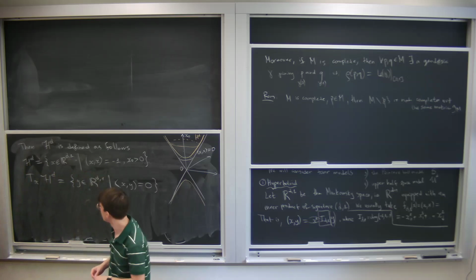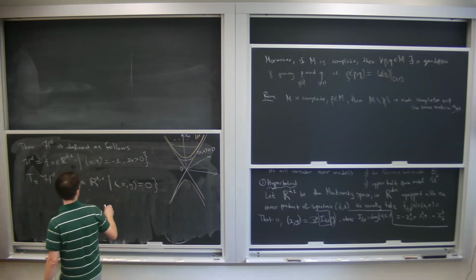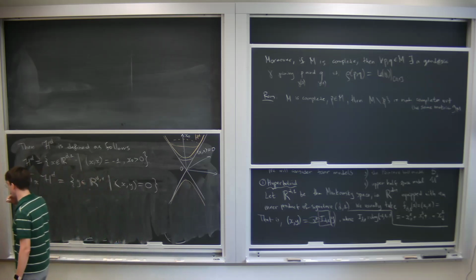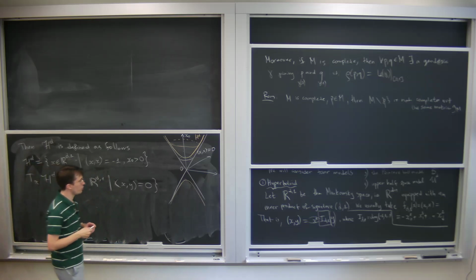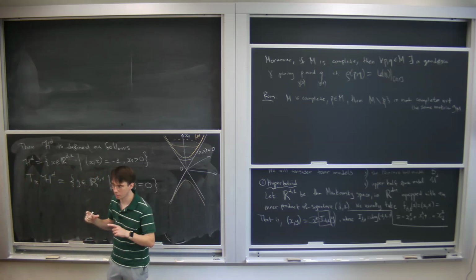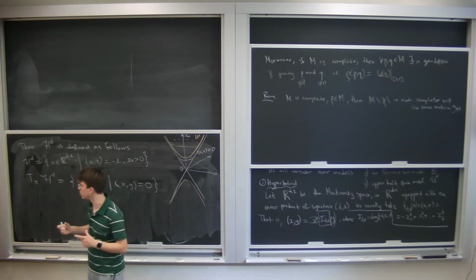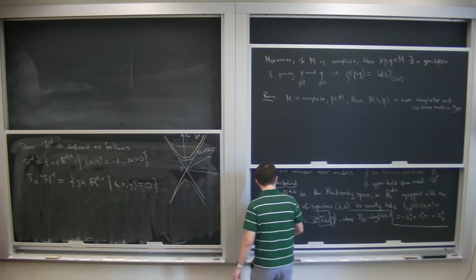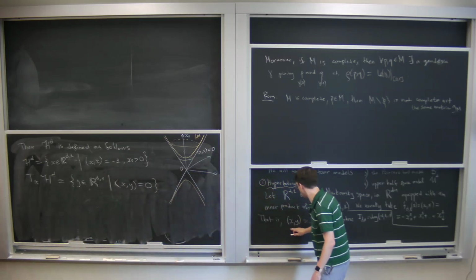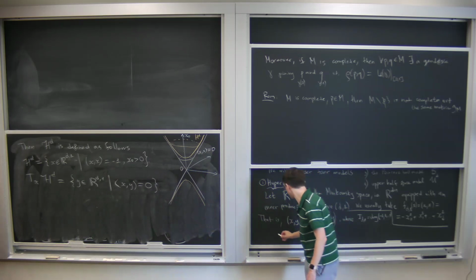I will probably do it this way. Since I introduced the language of Riemannian manifolds, it should be the restriction of the Lorentzian scalar product. By the way, this is sometimes called the Lorentzian scalar product.